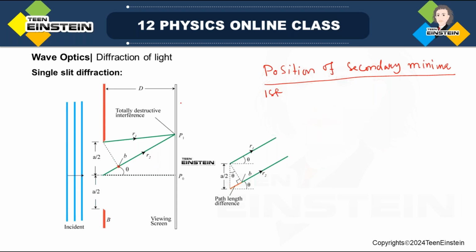First minima will occur, suppose at P1 point, when the path difference between the ray from, let us say this is A and this point is B.